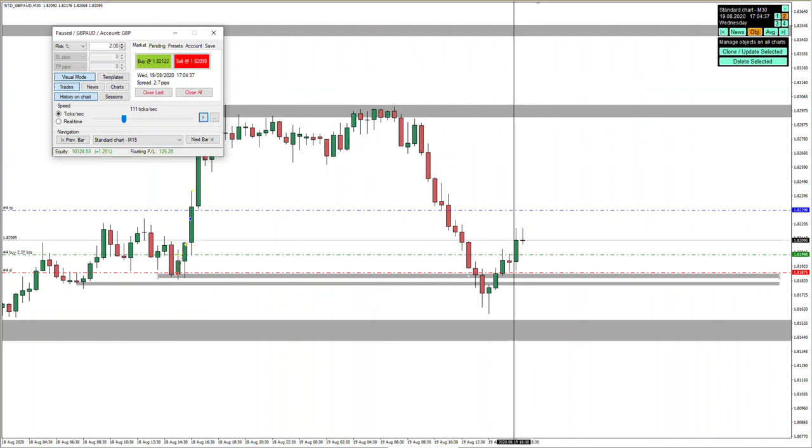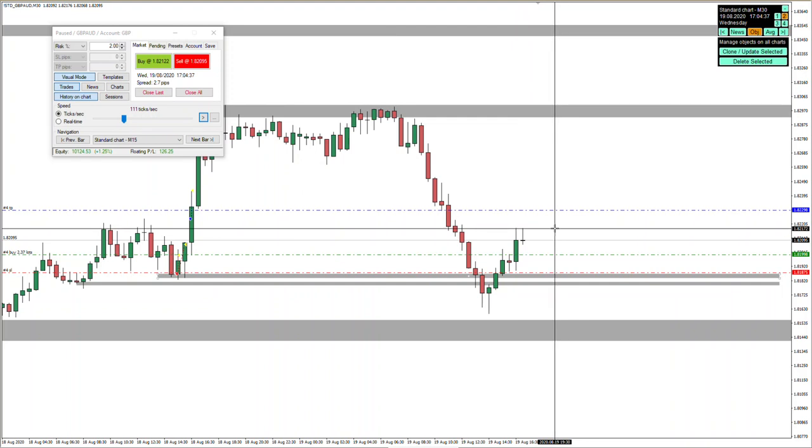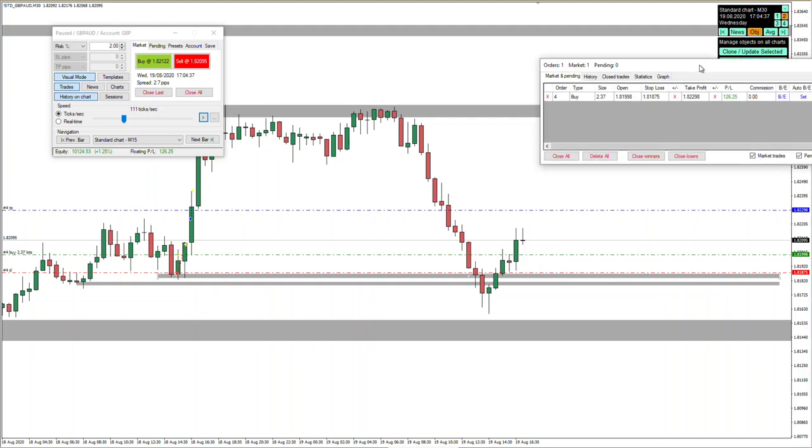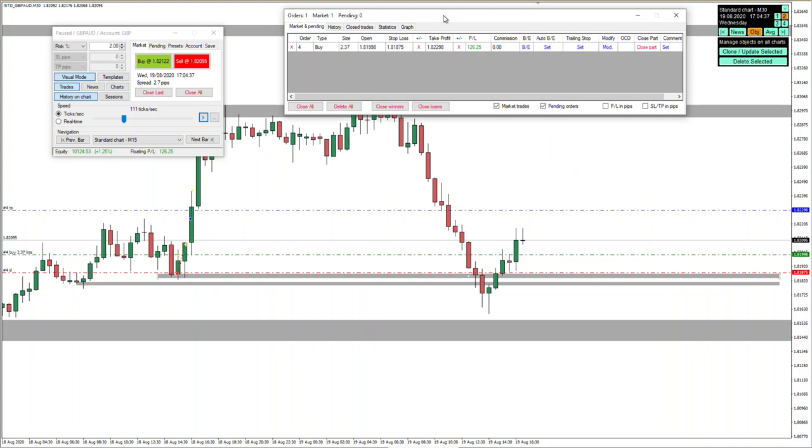Well, so what we have seen is 17 pips in profit, while the stop loss was 12 pips. I could have taken a partial profit.